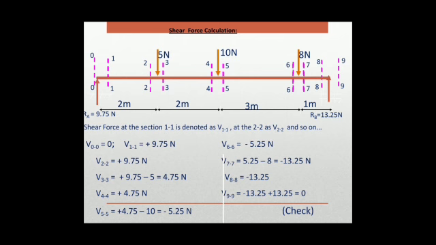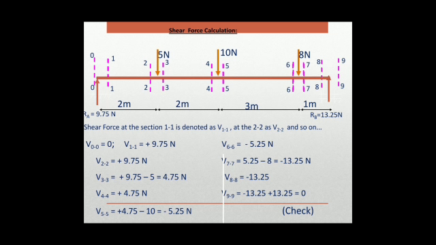Shear force calculation. Shear force at section 1-1 is denoted as V11 and 2-2 is denoted as V22. So, V00 is equal to 0. V11 is equal to reaction RA, which is 9.75 Newton. V22 is equal to 9.75 Newton.